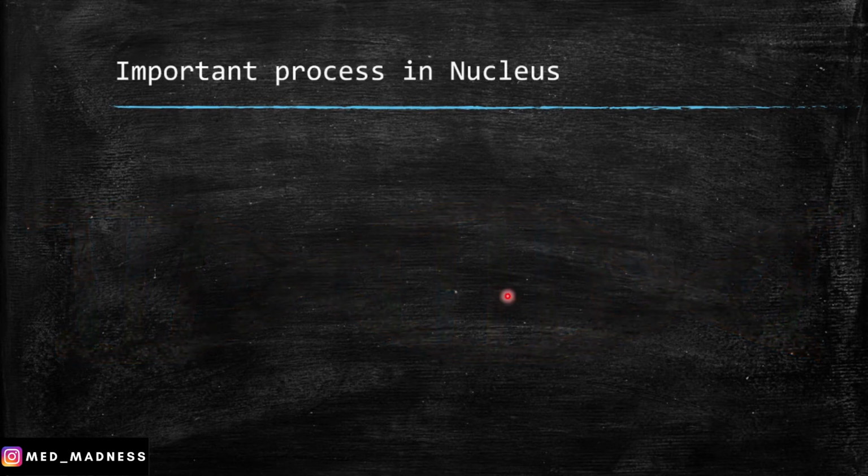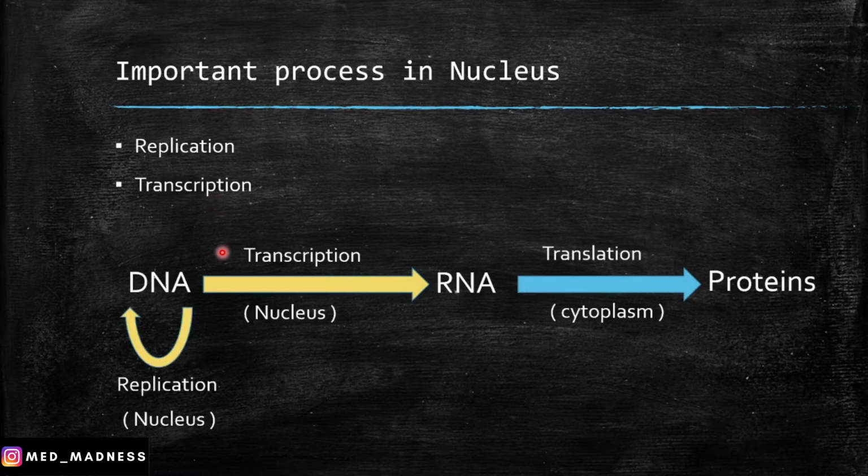Okay. What are the important processes going on inside the nucleus? Two important processes: one is replication, the other is transcription. There is something called the central dogma of molecular biology. This is how our cells make proteins.